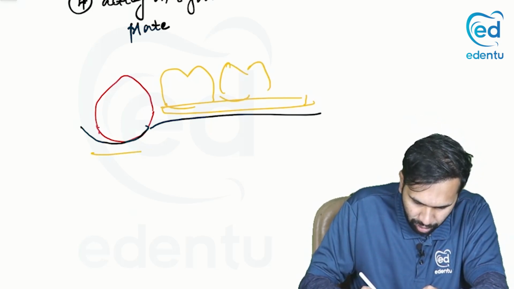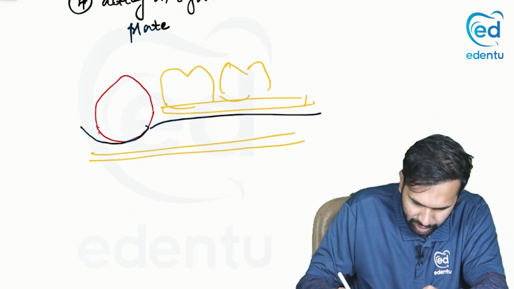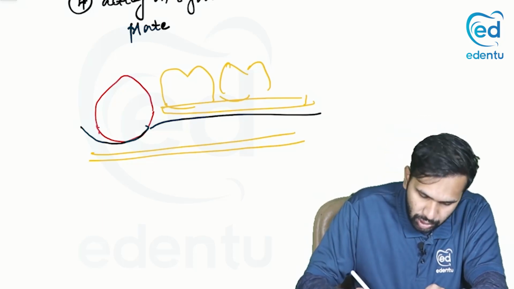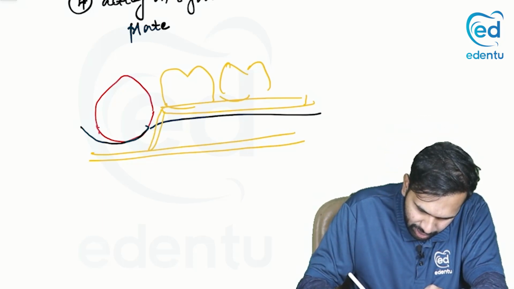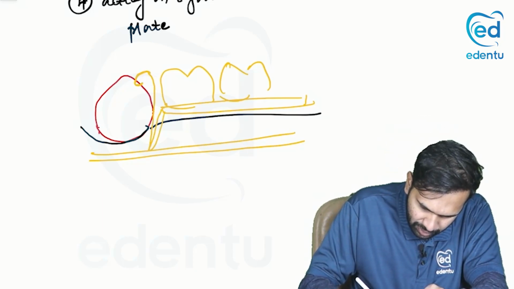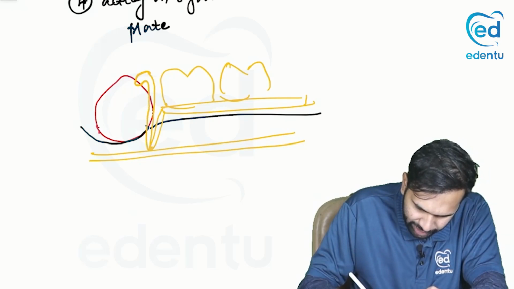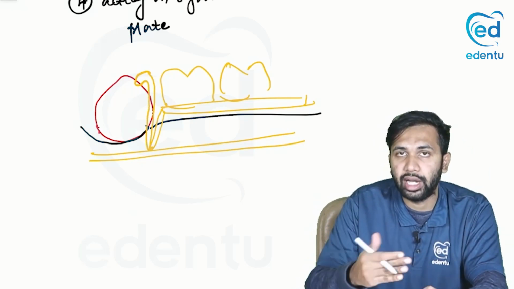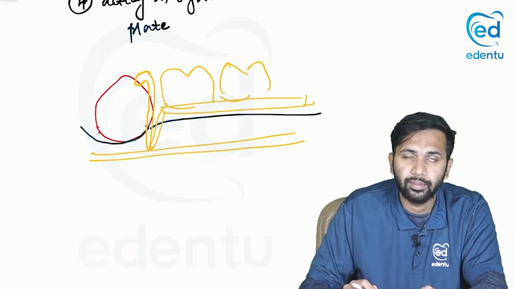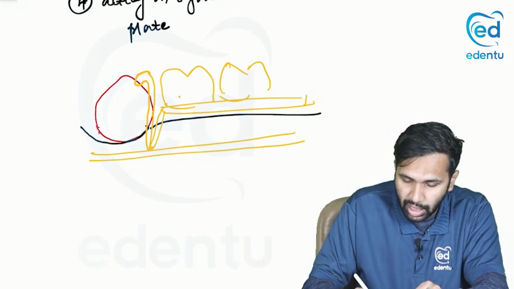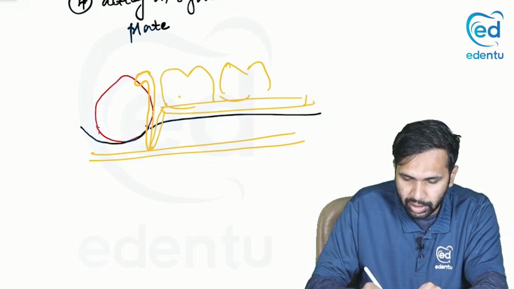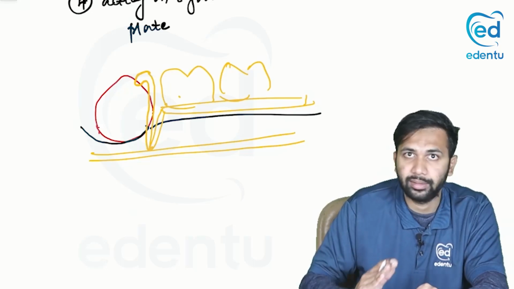And let's say this is your major connector going like this. This one, your minor connector, connects this artificial teeth to the abutment tooth and to the major connector.